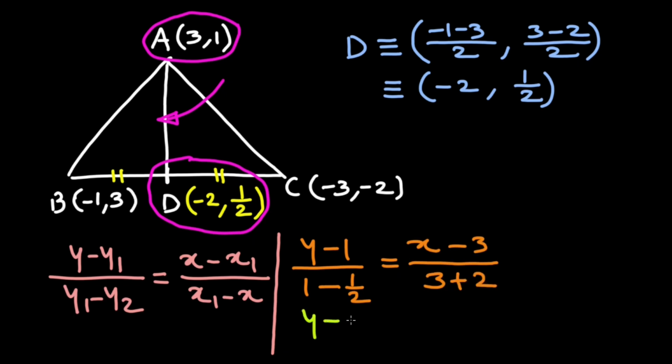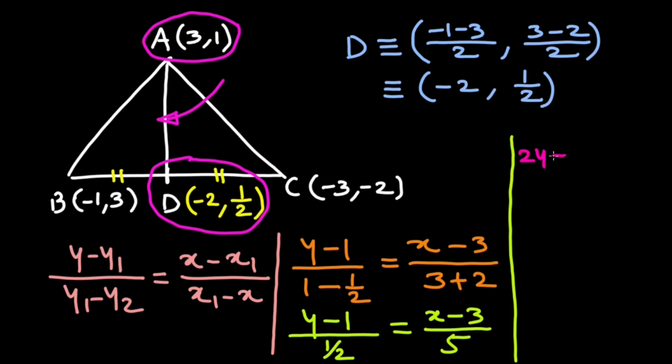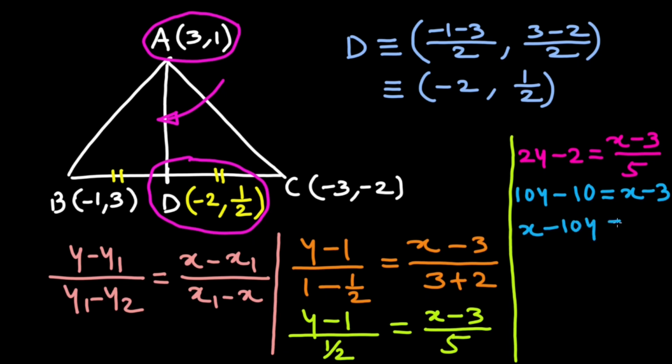It will be (y minus 1) by half equals (x minus 3) by 5, which will be 2y minus 2 equals (x minus 3) by 5. By cross multiplication, it will be 10y minus 10 equals x minus 3, which will be x minus 10y equals minus 7. So x minus 10y equals minus 7 is the equation of this median.